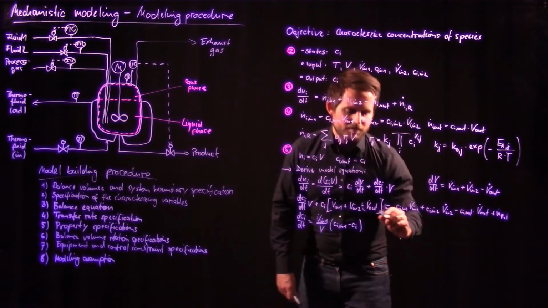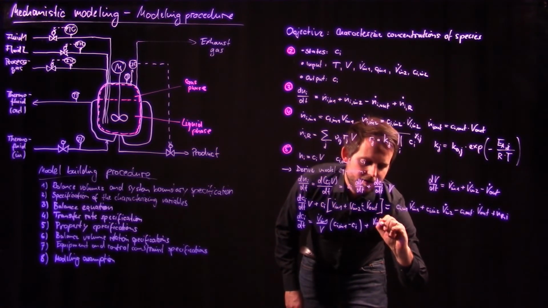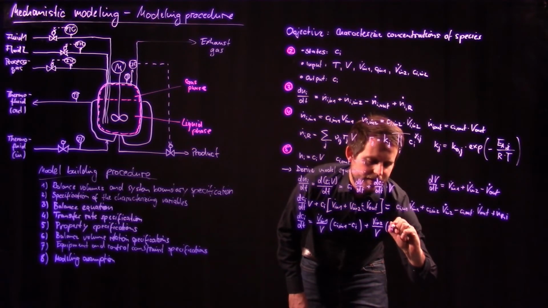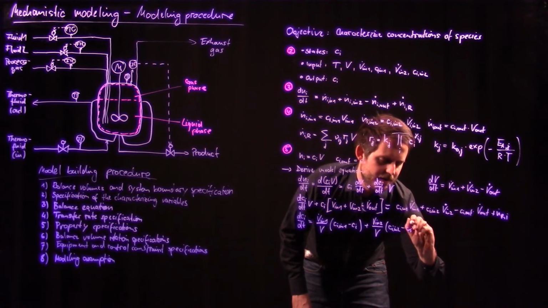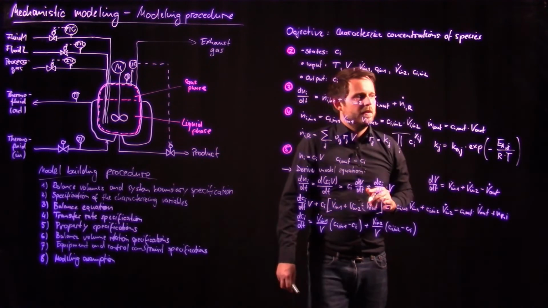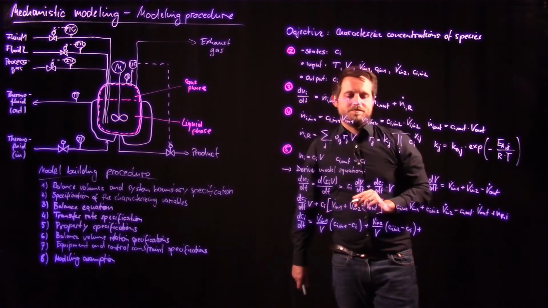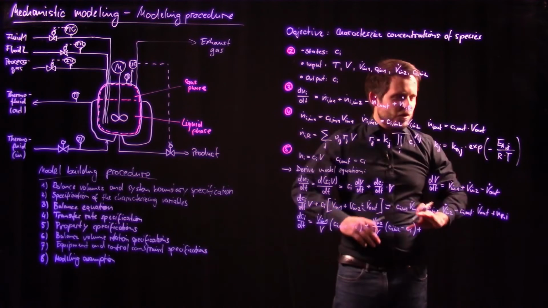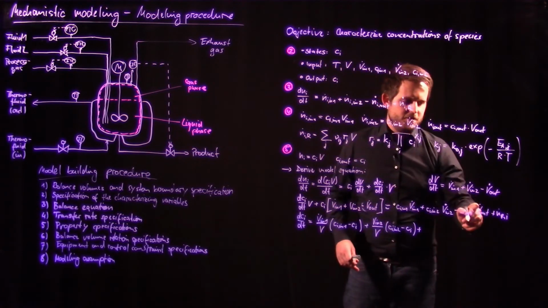Then we have the second one, which is V dot in 2 divided by V, and again we have Ci in 2 minus Ci. And then our whole reaction term is coming, because, as I said, this is diminishing.